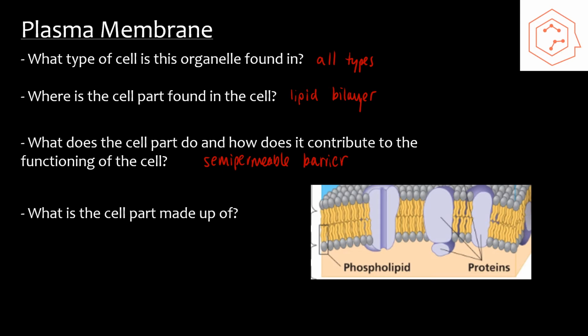The plasma membrane is made up of a lipid bilayer, like I said over here, and specific associated proteins. A dysfunction results in cystic fibrosis.